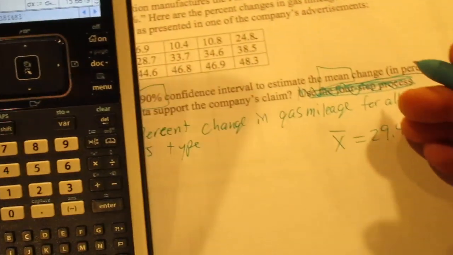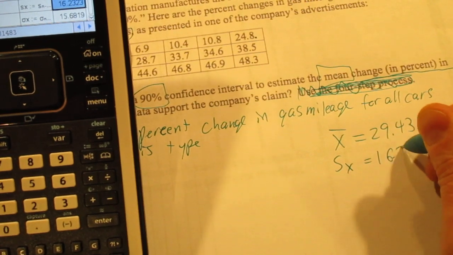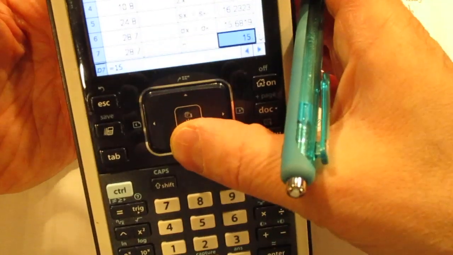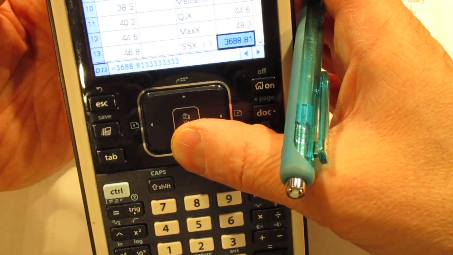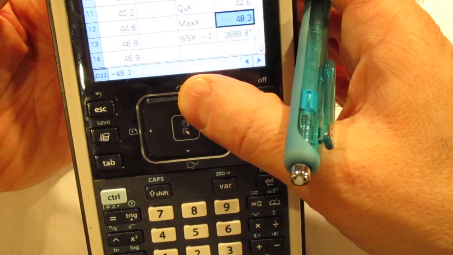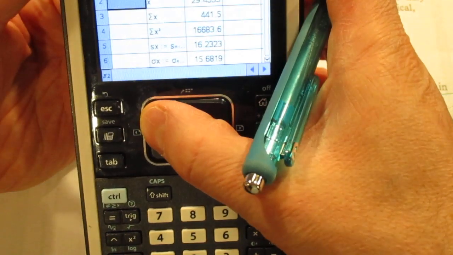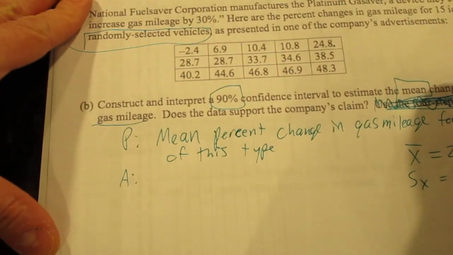That's our Sx, sample standard deviation. See what else they give us. Number 15, we knew that. Quartiles, medians, I don't think we're going to get asked anything about that. So let's just be good with it. All right, so assumptions.